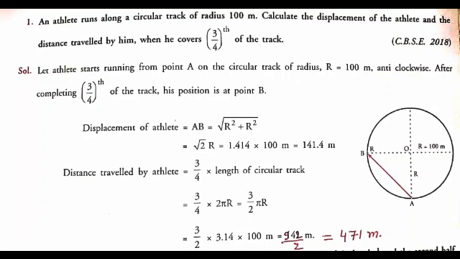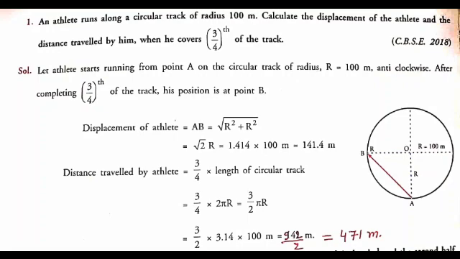Using Pythagoras theorem in this, we can write AB is equal to root under OA square plus OB square, which can be written as root under R square plus R square, since OA is equal to OB is equal to R, radius of the circular track, which gives root 2 into R. As we know, the value of root 2 is 1.414. So putting that, we have 1.414 into 100 meter, which gives 141.4 meter. This is the displacement of the athlete, that is length AB.